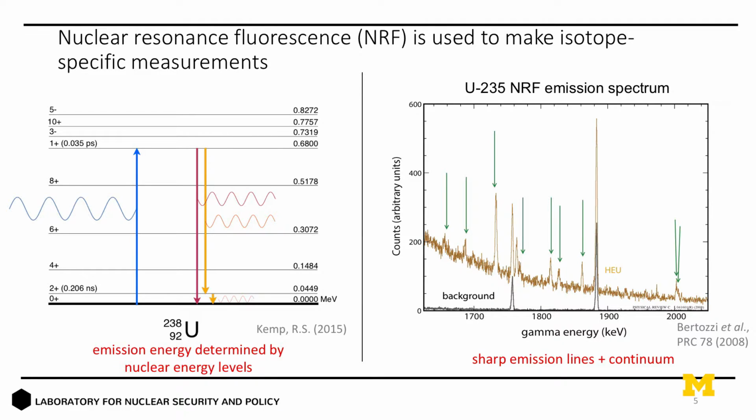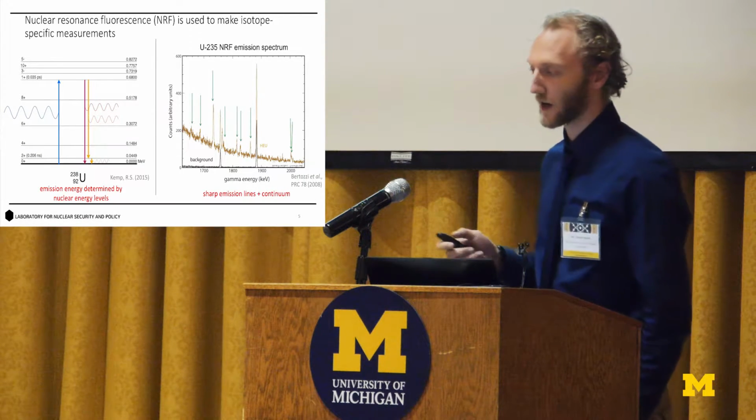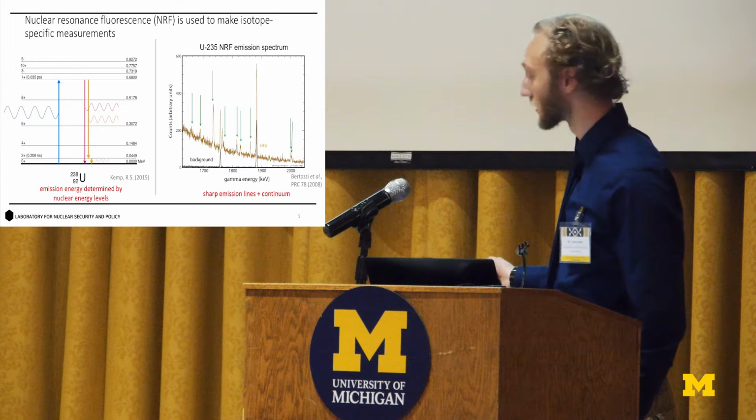So transmission, or nuclear resonance fluorescence, or NRF for short, is used to make isotope-specific measurements of the warhead. So NRF describes an incident photon with energy corresponding to the energy level difference between two energy levels in a nucleus. That very specific energy of the photon can promote the nucleus to an excited state.